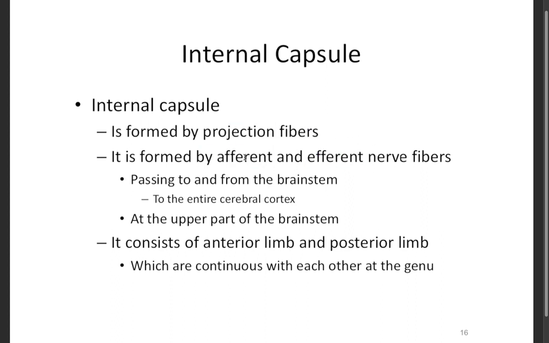We said that projection fibers contain afferent and efferent, and we classify them as both based on the going outward or inward, depending on the cerebral cortex columns, passing to and from the brain stem, meaning that they pass through and to the brain stem. We know the brain stem consists of the midbrain, the pons and the medulla oblongata, and going downward to the spinal cord, and passing to and from the brain stem to the entire cerebral cortex. It means they pass through the brain stem to reach the cerebral cortex, and we defined what the brain stem is a moment ago, at the upper part of the brain stem.